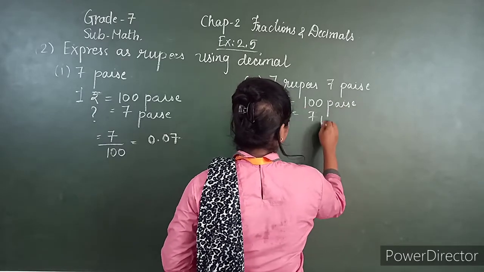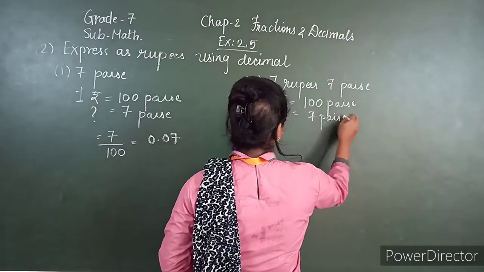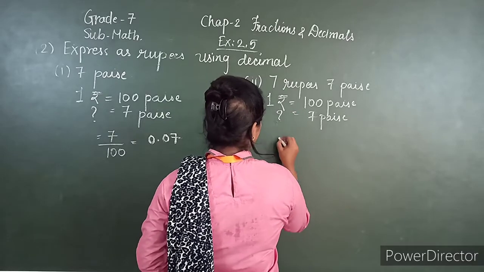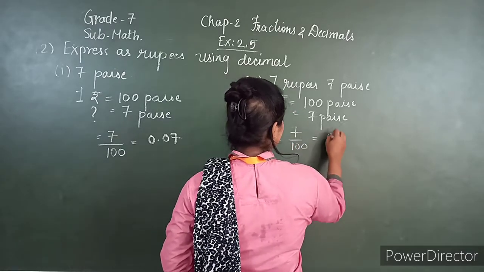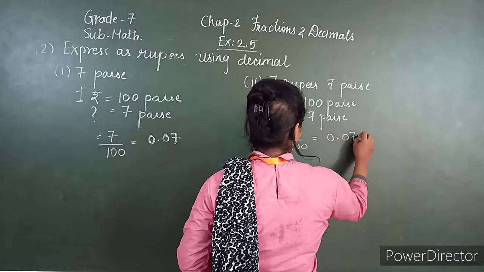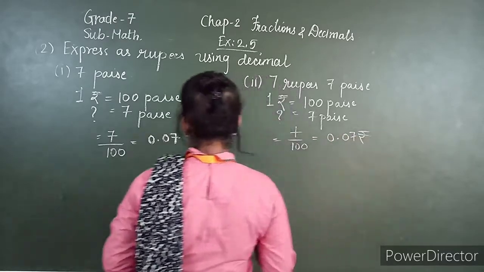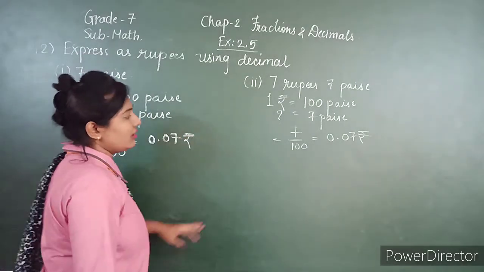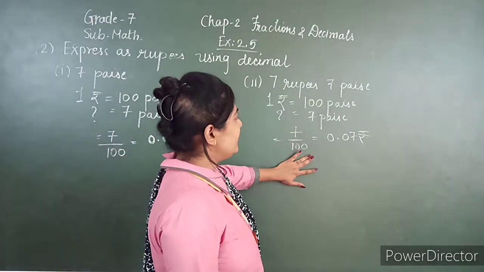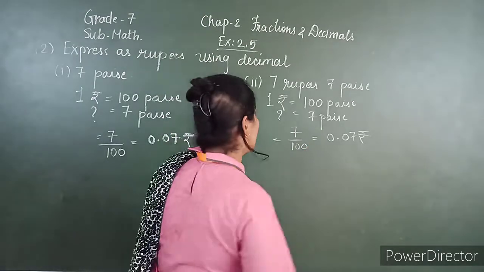So 7 paise is equal to how much rupees? It is also 7 upon 100. So it is 0.07 rupees.